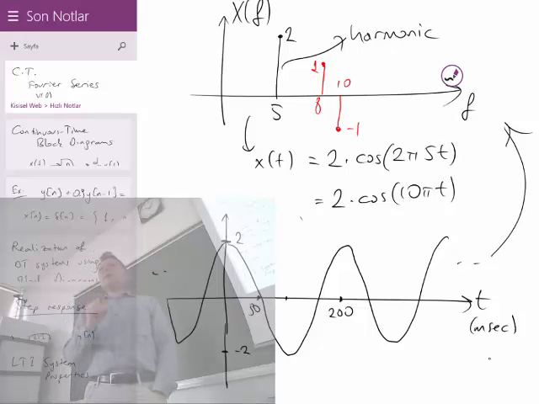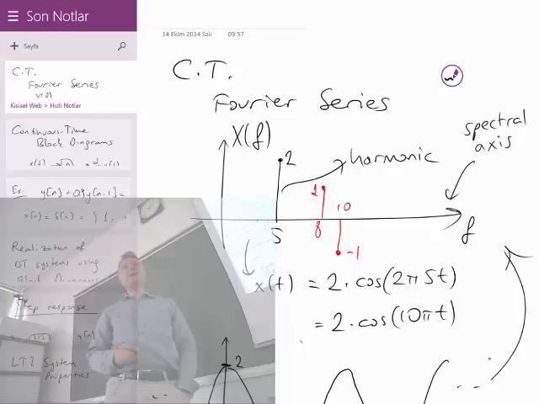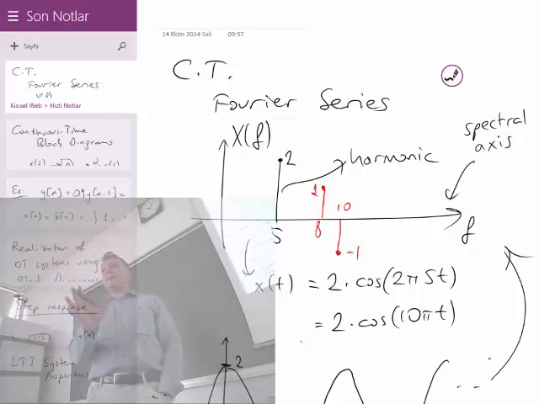So that combination, that new axis, is called the spectral axis. It's not the time axis anymore. It's the frequency information that it carries. And frequency and spectrum are two acronymous names for the same thing.